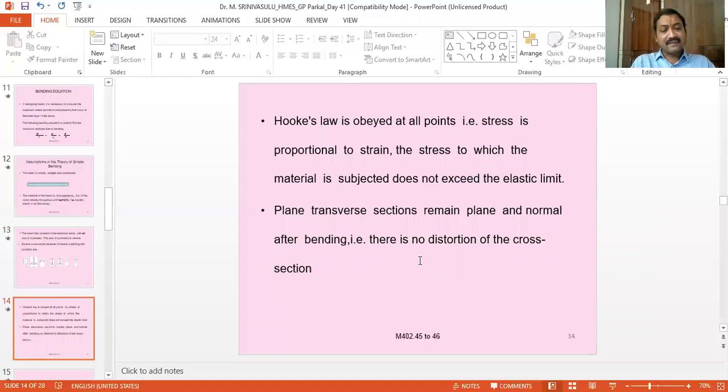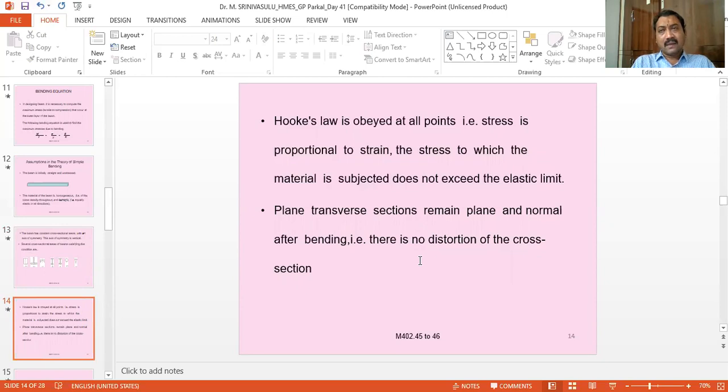Next, the fourth point is that Hooke's law is obeyed at all points. That means the stress is proportional to the strain at all points in the beam, and the stress to which the material is subject does not exceed the elastic limit. So at any point in the beam, the stress induced should not exceed the elastic limit. The fourth point is that it should follow Hooke's law.